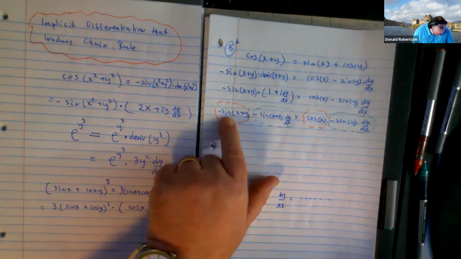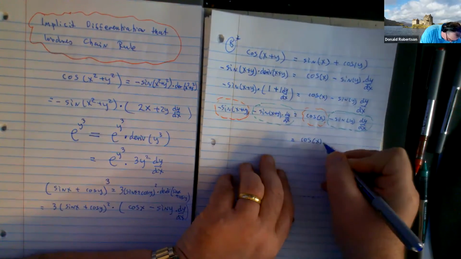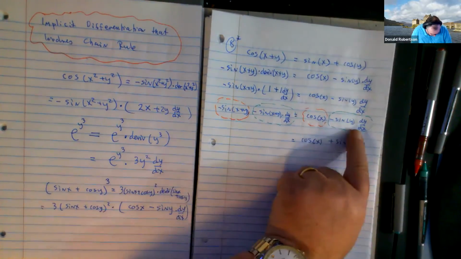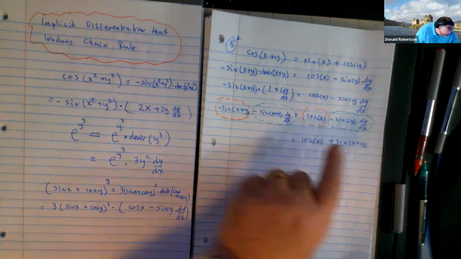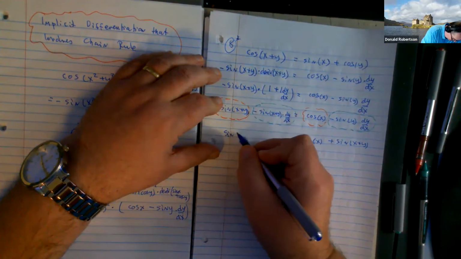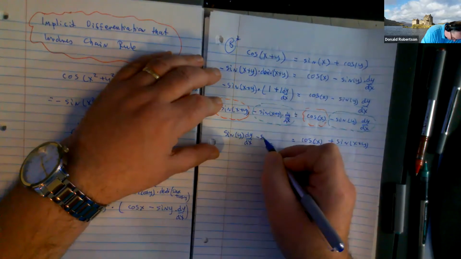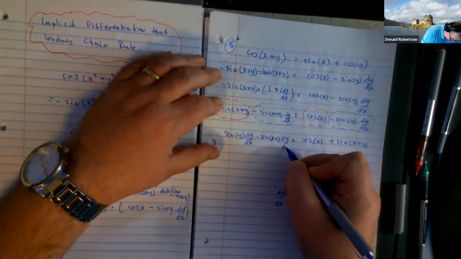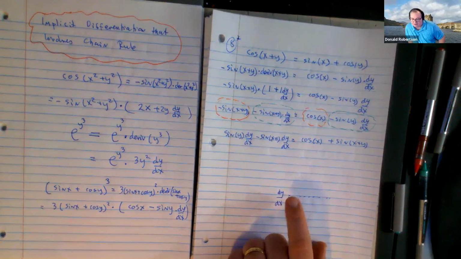So to get rid of this guy so he comes over here, all I'm going to do is add a sine of x add y to both sides. And I want this guy to disappear and move over here, and so I'm going to add a sine y to both sides. So add a sine y dy by dx. And this guy can stay exactly where he is. Can you see each step of this process is getting me closer and closer to here?